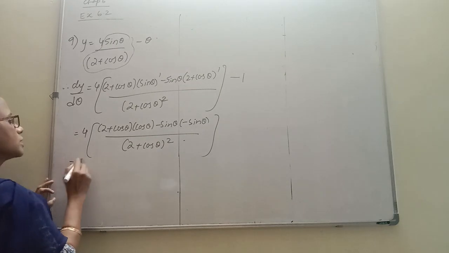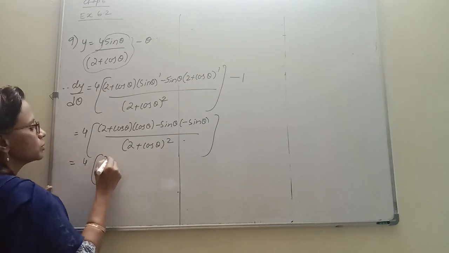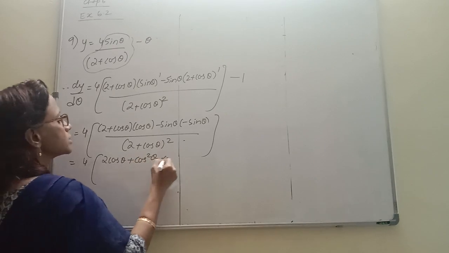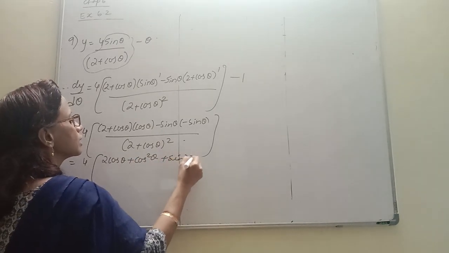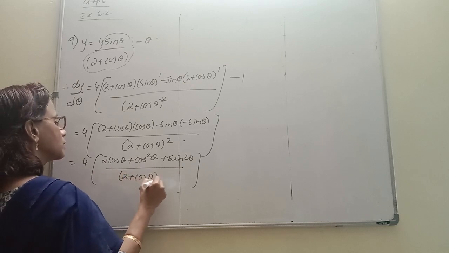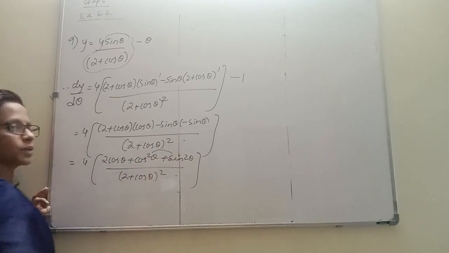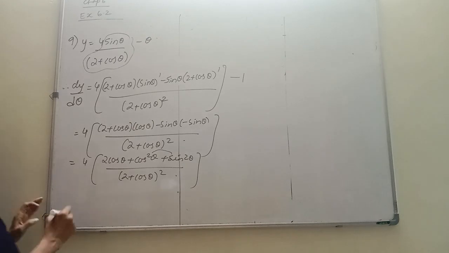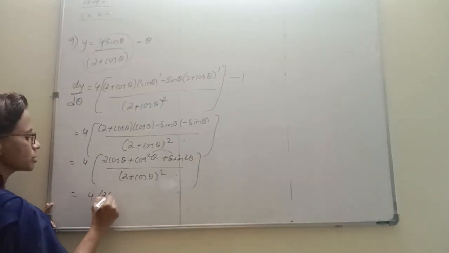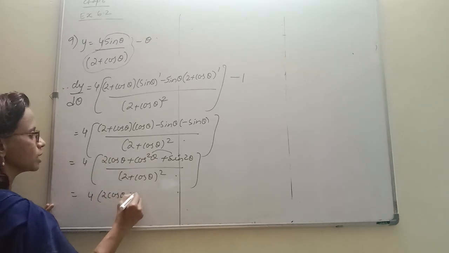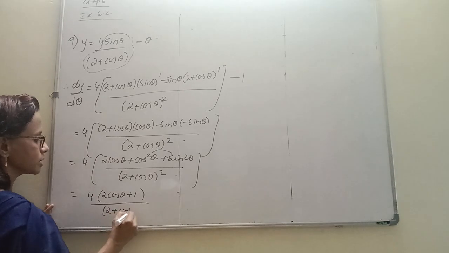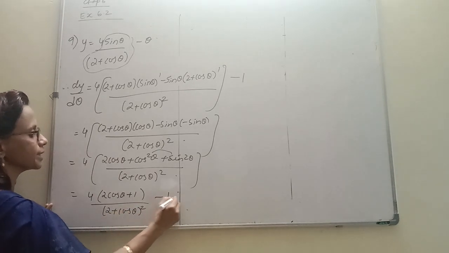So this works as 4 times, let's open it, 2 cos theta plus cos squared theta plus sine squared theta by 2 plus cos theta the whole squared. Now this we know is 1. Sine squared theta plus cos squared theta is always 1. So let's write it like that. 4 into 2 cos theta plus 1 by 2 plus cos theta squared, minus 1.